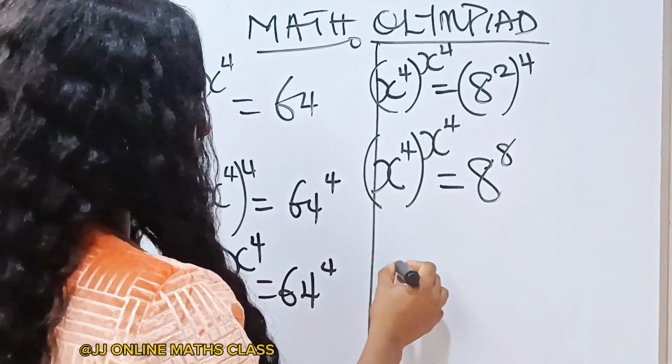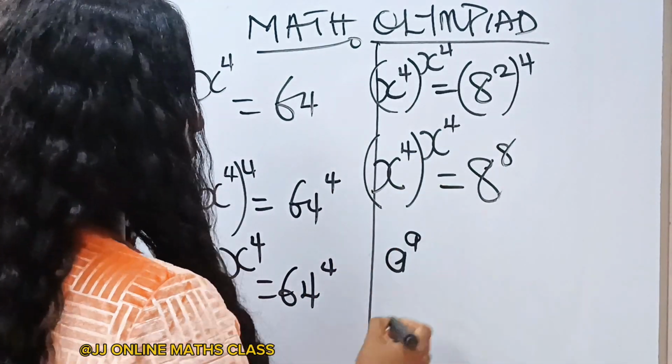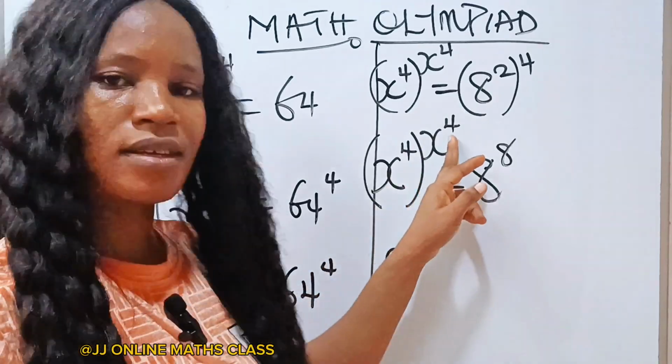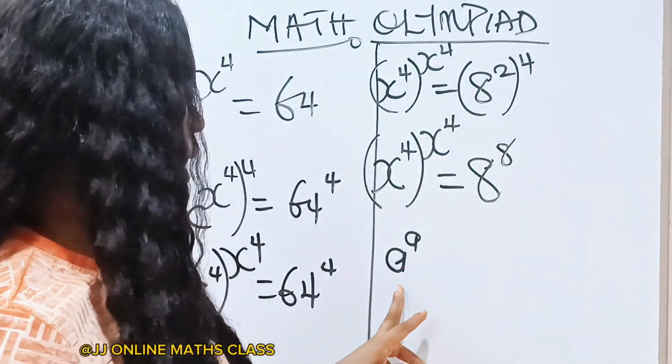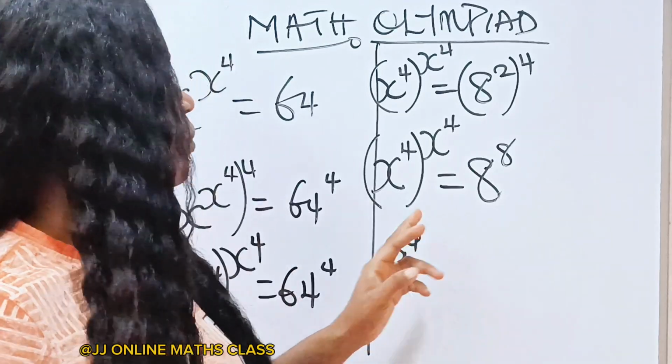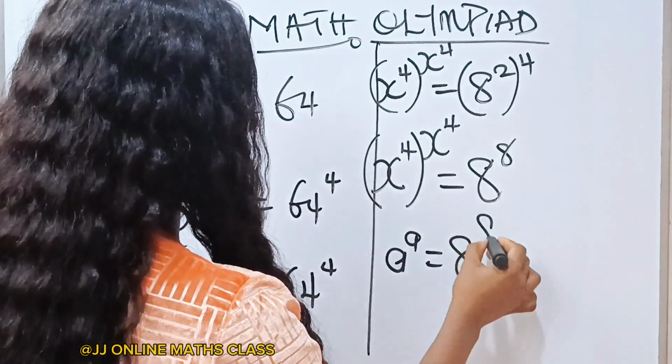So we have something here. This is just like a to the power of a, because this and this, they are the same. So this is like a to the power of a is equal to 8 to the power of 8.